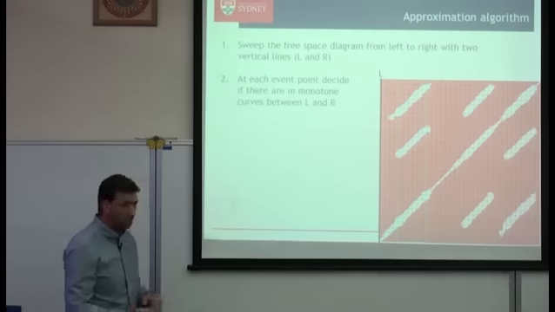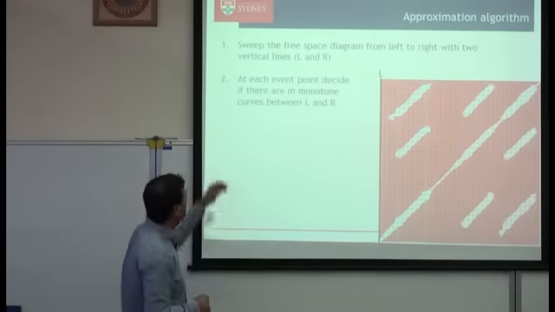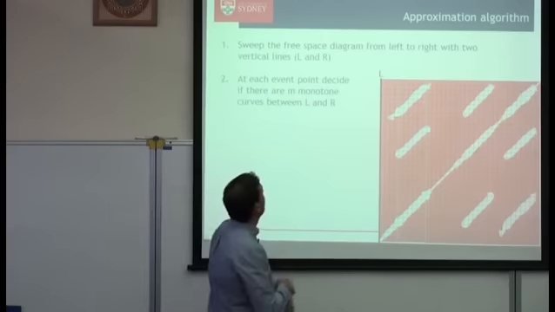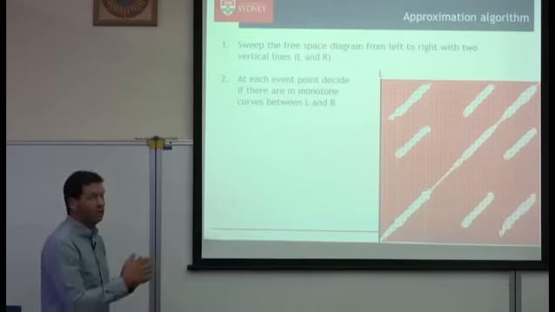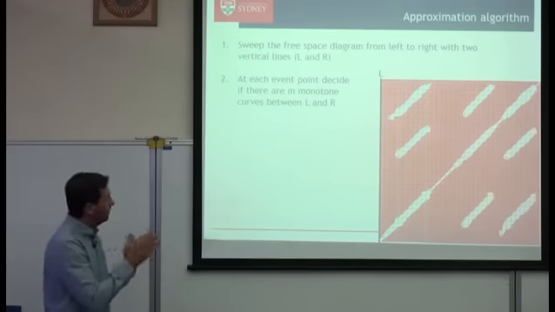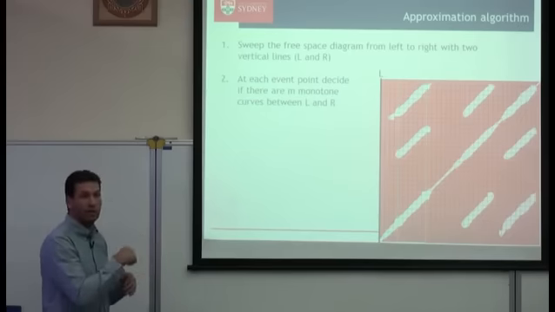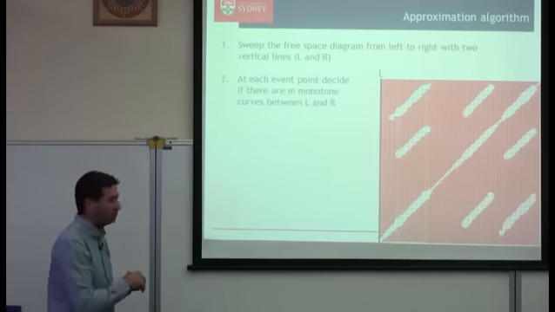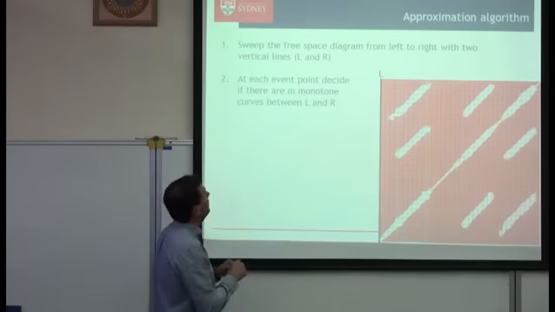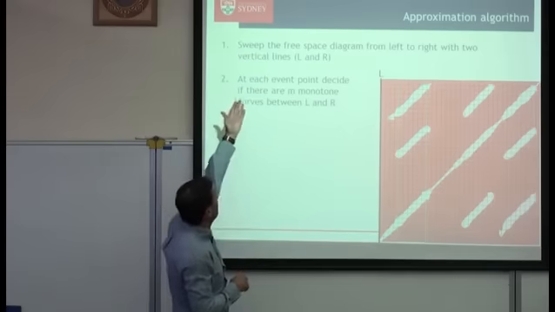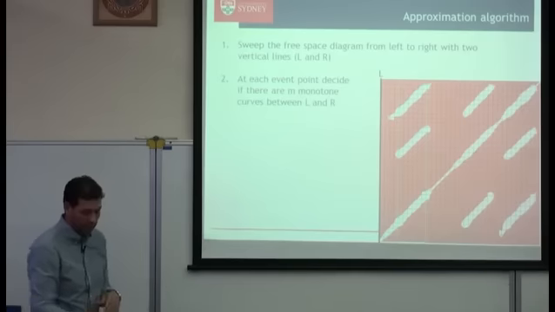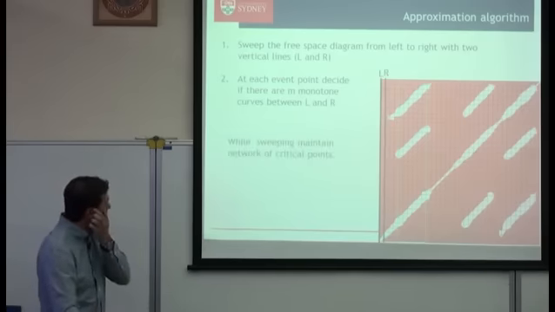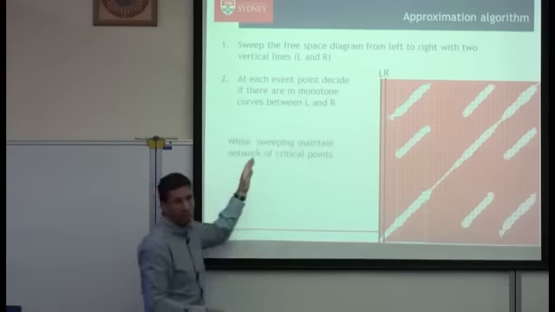Okay. So the algorithm is fairly simple. We're going to sweep the free space diagram from left to right using 2 vertical lines. And what we want to do is try to decide, between the 2 lines, if there are m xy monotone paths in the free space. So we sweep, and then at each event point decide if there are m monotone curves between L and R. And while we sweep, we maintain a network of the critical points.